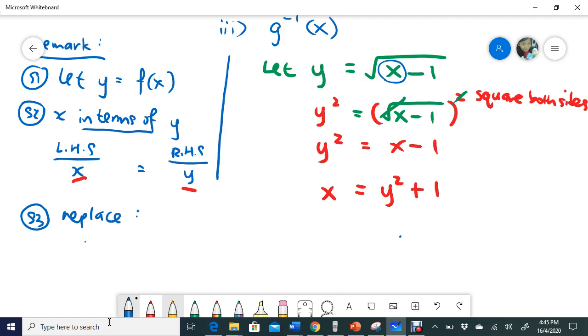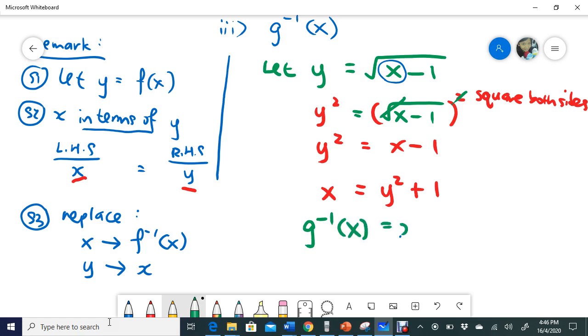You will replace your x with the inverse, then after that, the y with the x variable. Is that okay? So for this, you will have what? This happens to be the g function, so g inverse of x is x squared plus 1.